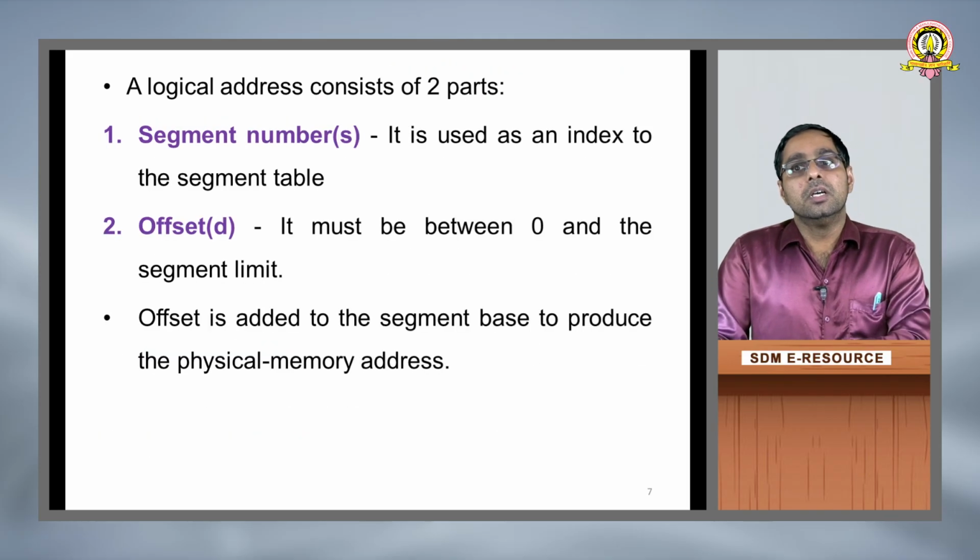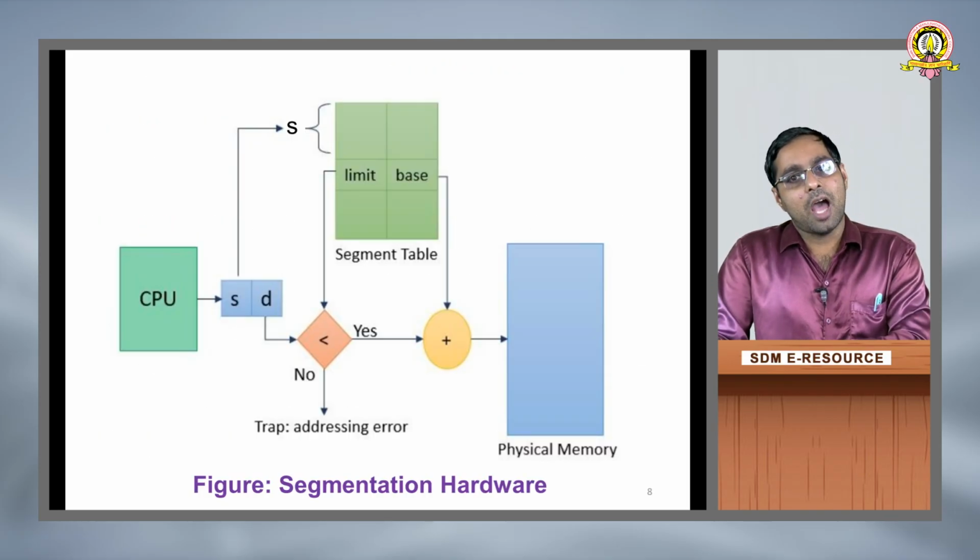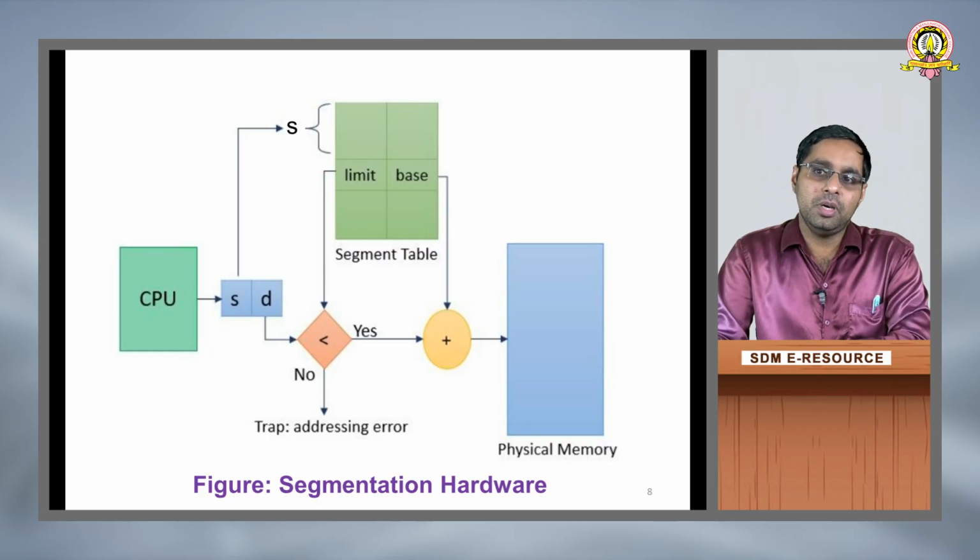Next, let us discuss segmentation hardware. The address generated by the CPU is called the logical address, which can be divided into 2 parts. One is called the segment number, another is called the offset. This segment number is indexed into the segment table, and the segment table contains the limit and base fields.